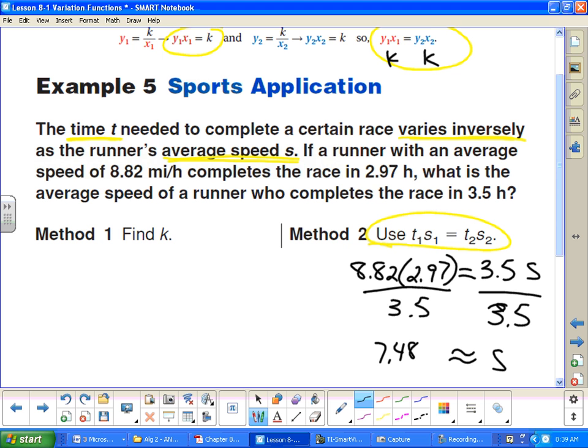Oops, this is their speed. I mean, their speed is approximately 7.48 miles per hour.